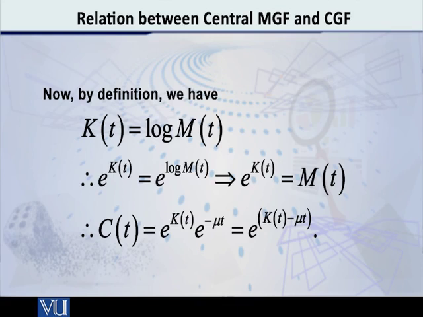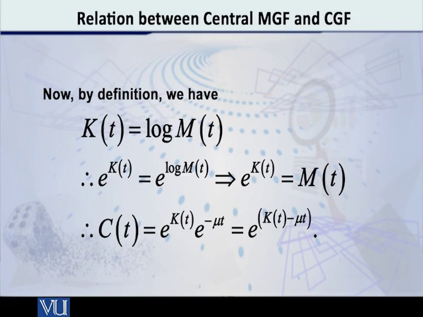We have capital C of t equal to e raised to K(t) into e raised to minus mu t. यानी मैं फिर रिपीट कर रही हूं कि M(t) की जगह पे we have now substituted e raised to K(t). अब आप ये जो पावर्स हैं इनको ऐड कर लीजिए. So what do we have? e raised to K(t) minus mu t.